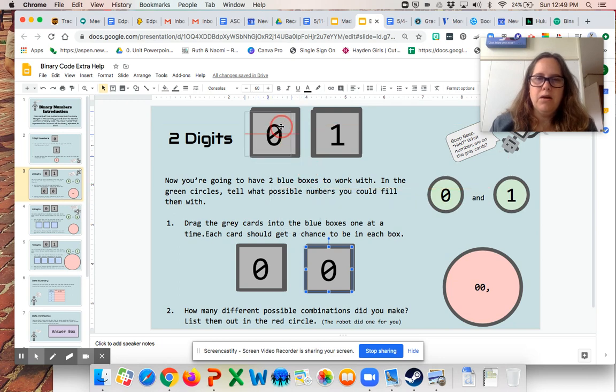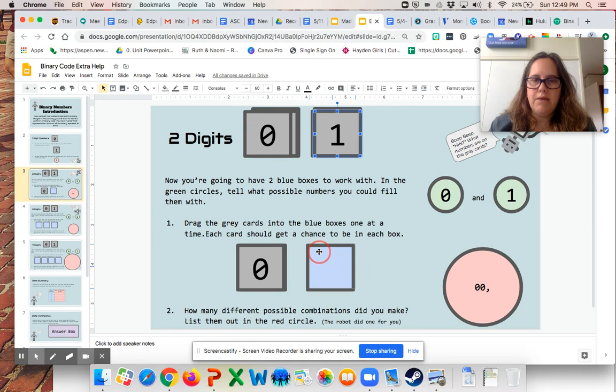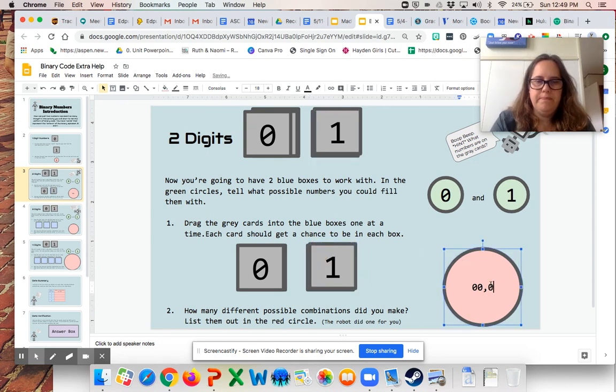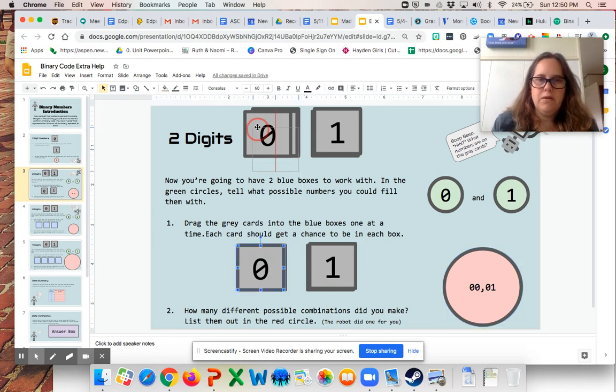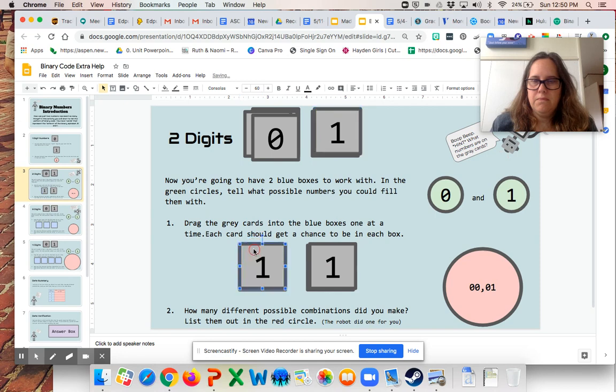Now I can make a new number, and that's 0 and 1. If I take that 0 off, I can get 1, 1.